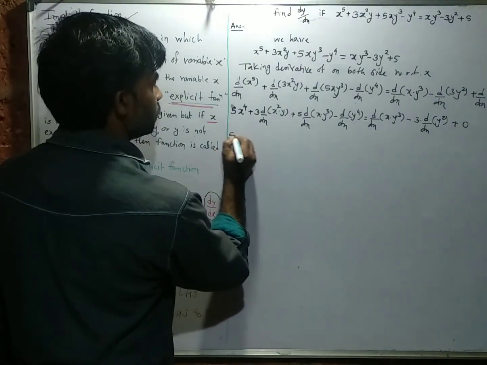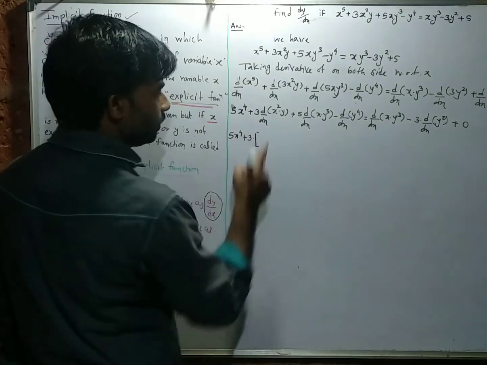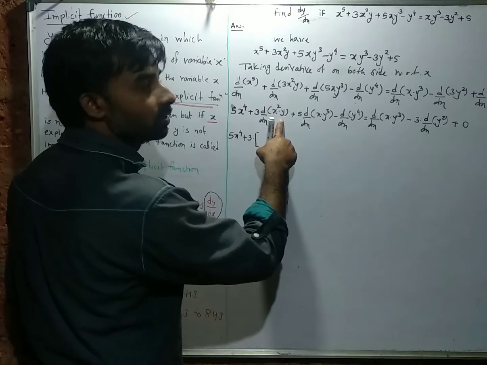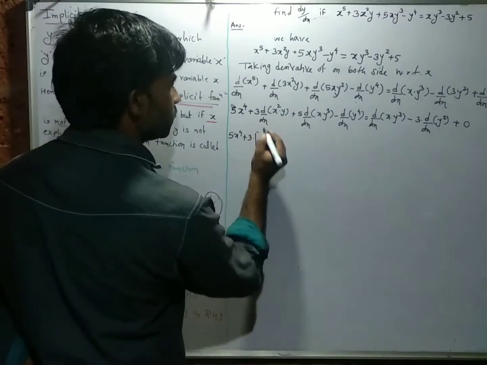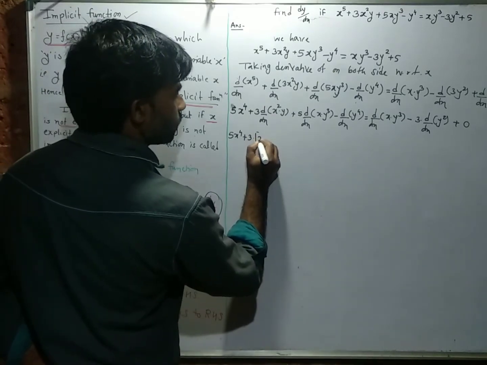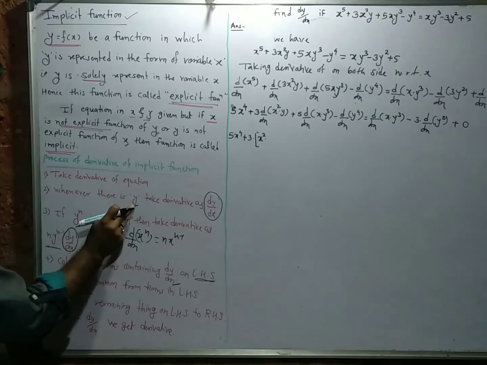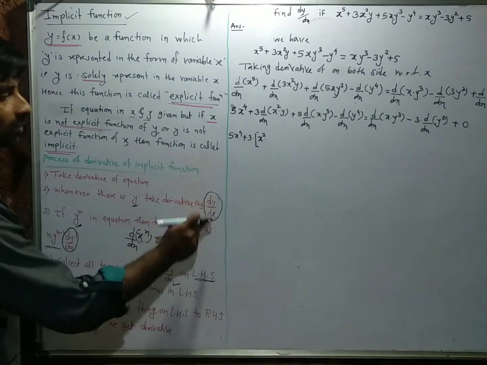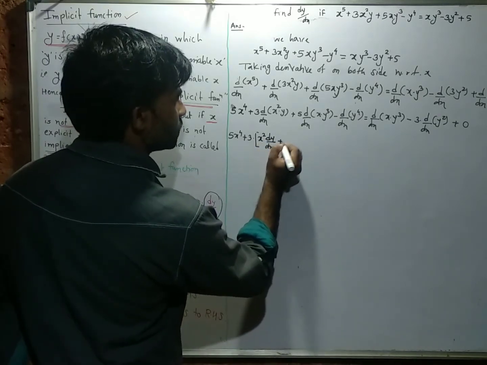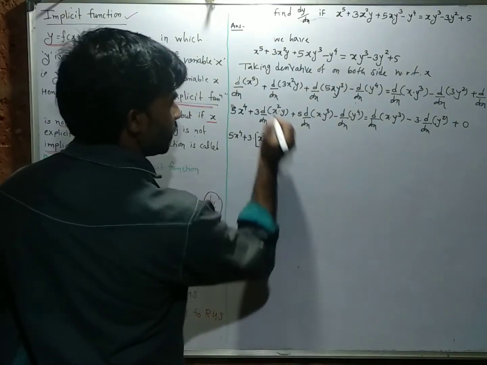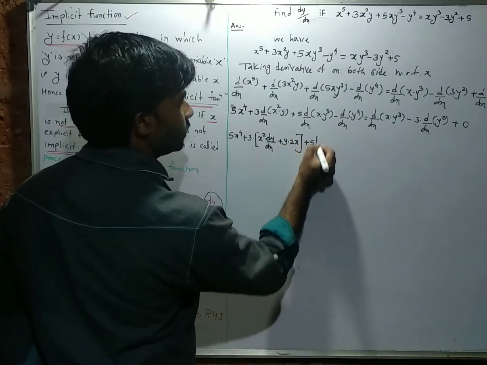Now 5x raised to 4 plus 3 into bracket, because here two functions are multiplied with each other, so we go with the multiplication rule. Therefore x square is taken as it is into the derivative of y. According to the procedure, the derivative of y is dy by dx, plus y is taken as it is, and the derivative of x square is 2x, plus 5 inside the bracket.